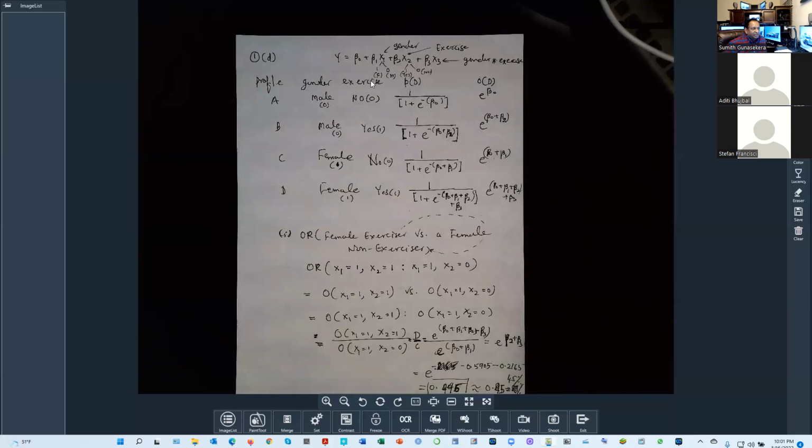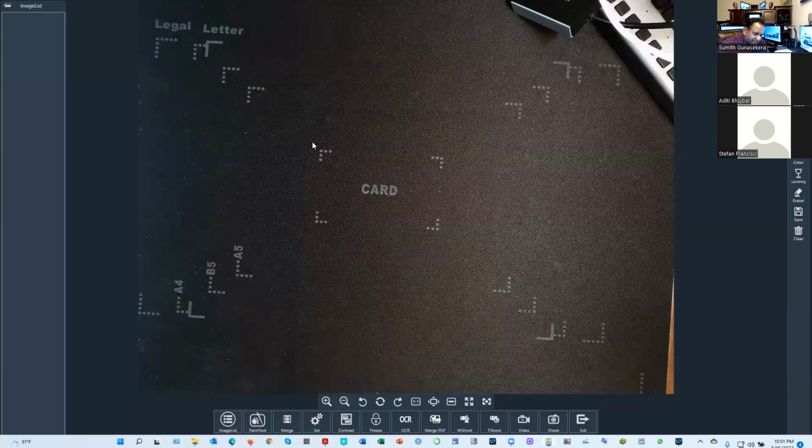If you put 0 0 here, I'm going to write the formula for you to see clearly. It should be 1 over 1 plus e to the minus beta naught plus beta 1 x1 plus beta 2 x2 plus beta 3 x3.